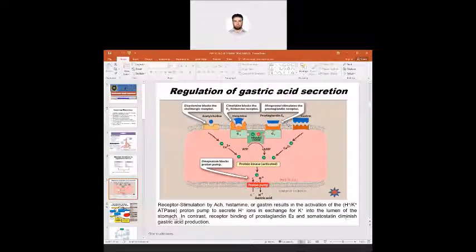Upon binding of prostaglandin E2 with its cell membrane receptor and activation of G protein, the G protein will suppress or block the adenylyl cyclase, so it will block more synthesis of cyclic AMP.